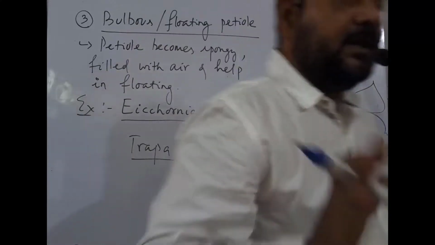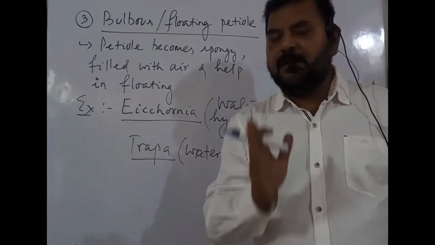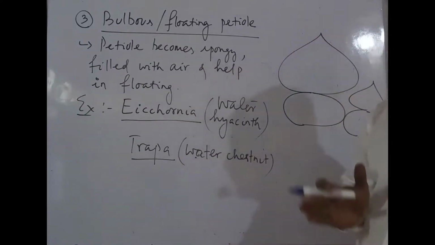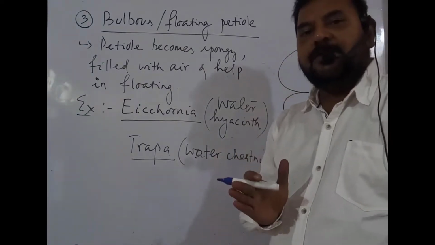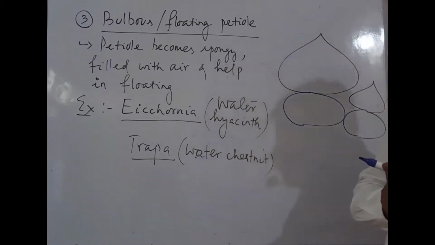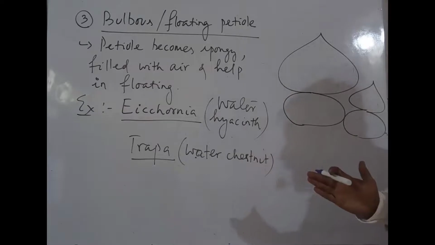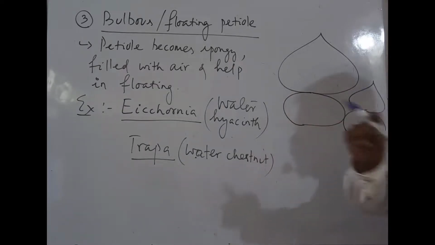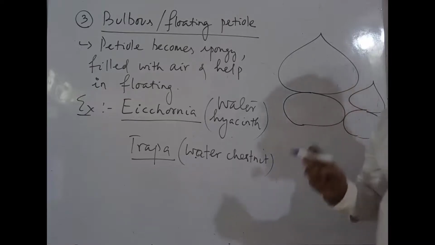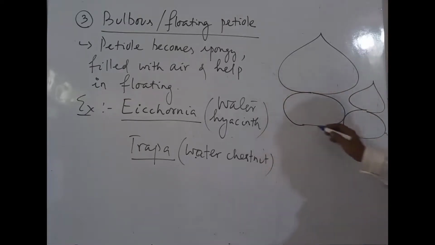So you might have studied in the case of stem modification, the subaerial modification. You must recall it. There is one heading offset. There also the example of Eichhornia was given. Offset was the one with a spongy and fleshy internode, with tops of leaves and tops of roots. So there, this one is the petiole.